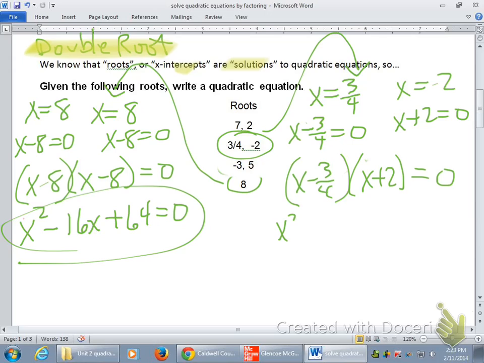Let's see, I'd have x squared. Oh my goodness, let's see. 2x minus 3/4 x is plus 1 and 1/4 x. I guess I should do that as a... So that'd be plus 5/4 x minus 3/4... Am I doing this right?